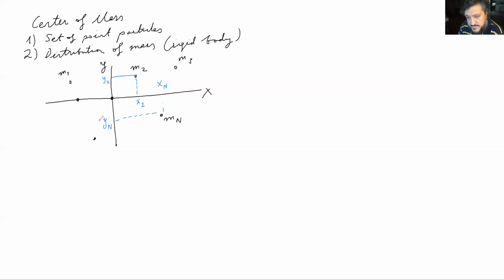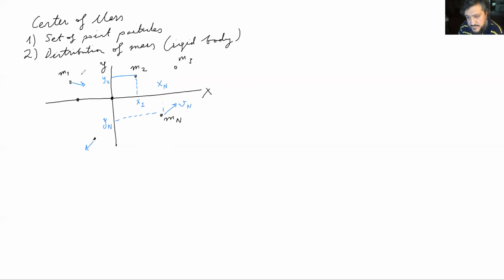It doesn't really matter where you pick your origin. It could be anywhere. And these could also be in motion, right? So let's say this guy is moving here. This one is moving there. These could be the air molecules in this room.